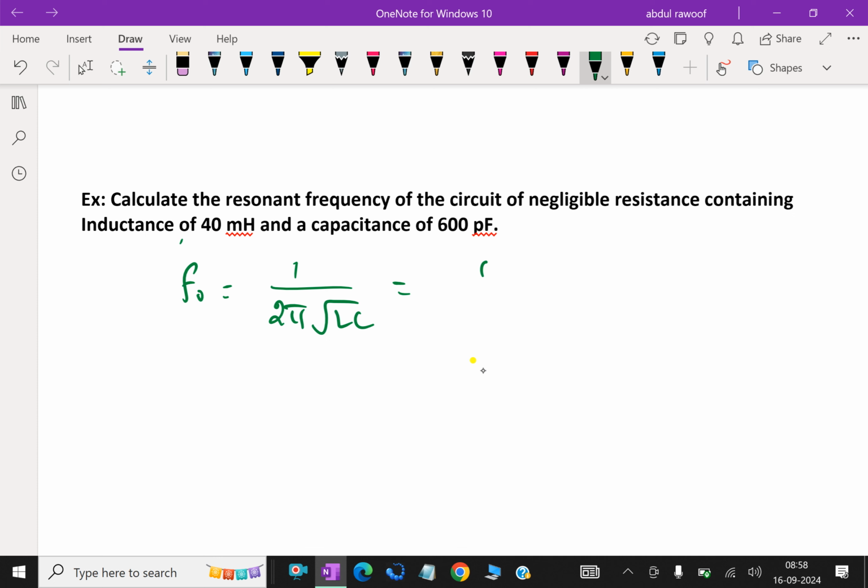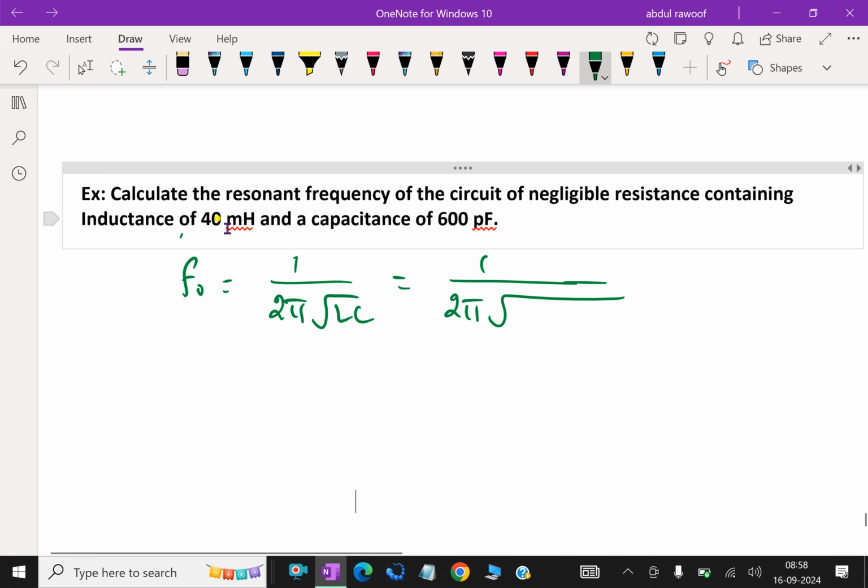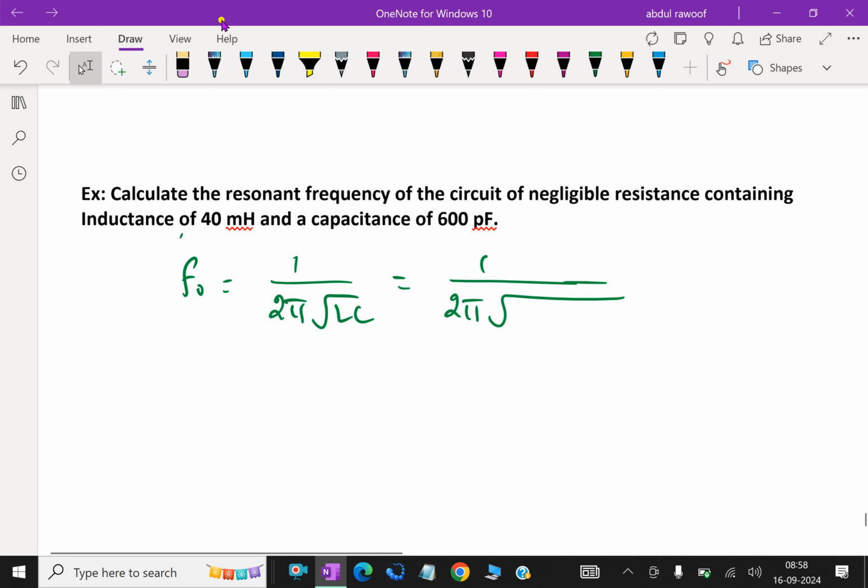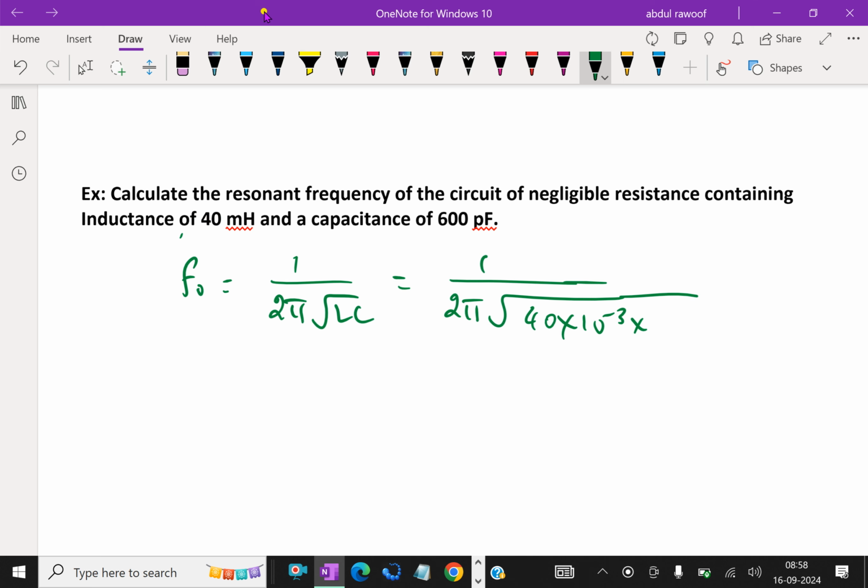Here, L in henry is 40 millihenries, so 40 into 10 power minus 3, times the capacitance, 600 microfarad, which is 600 into 10 power minus 12.